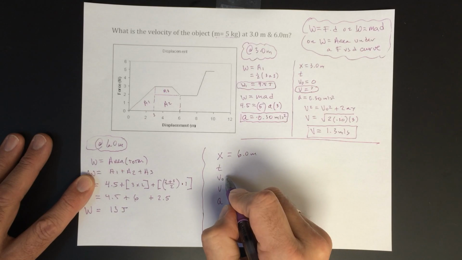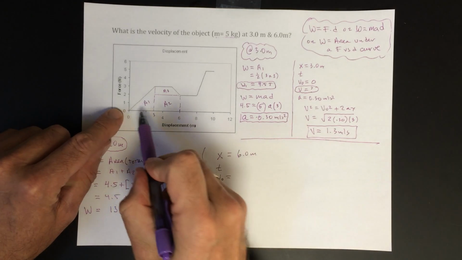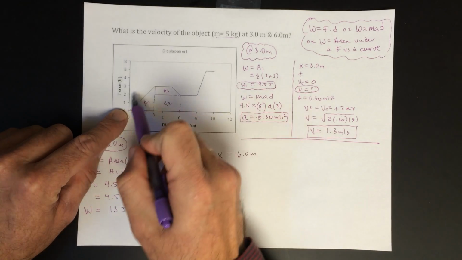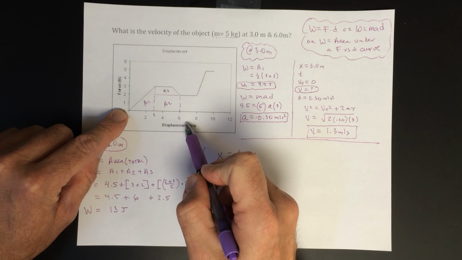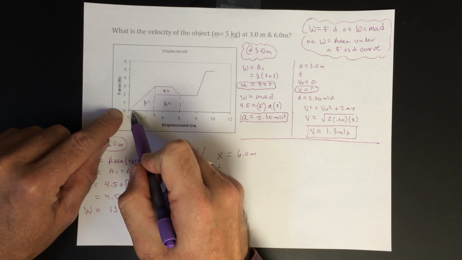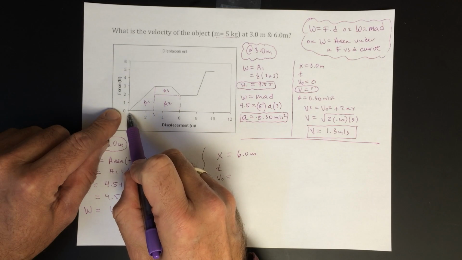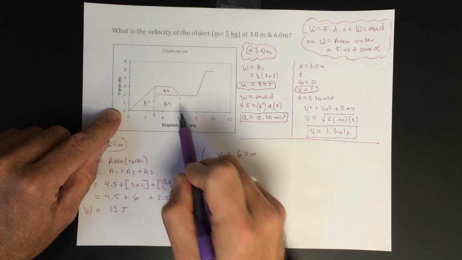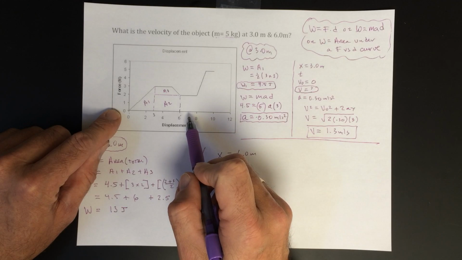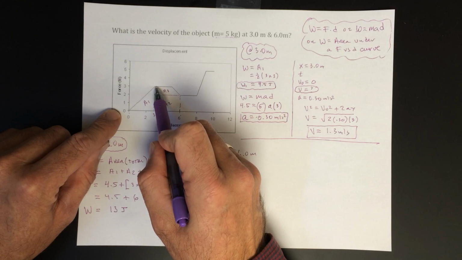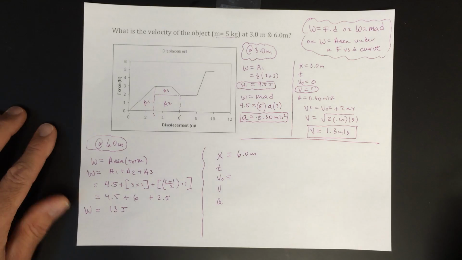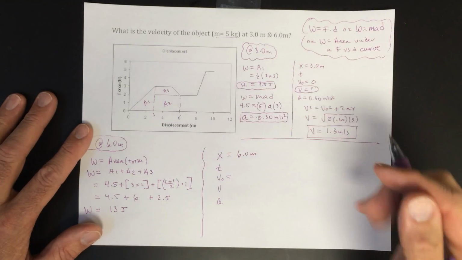We don't know T. We're starting from 0. What I did is I'm solving the entire area, or the entire work from 0 position to 6. What I could have done is I could have used this speed here, but that seems a lot more complicated. So I just took the whole picture.